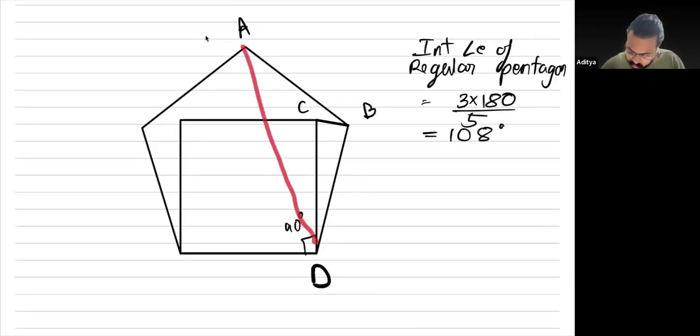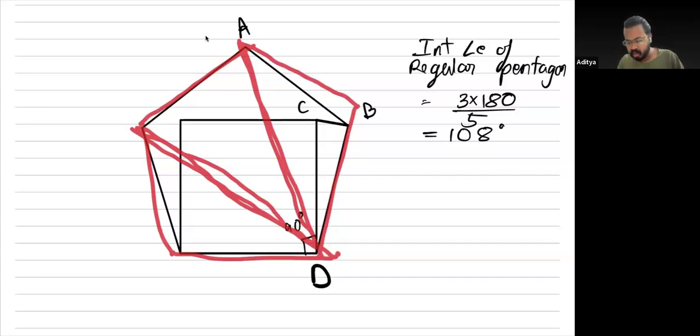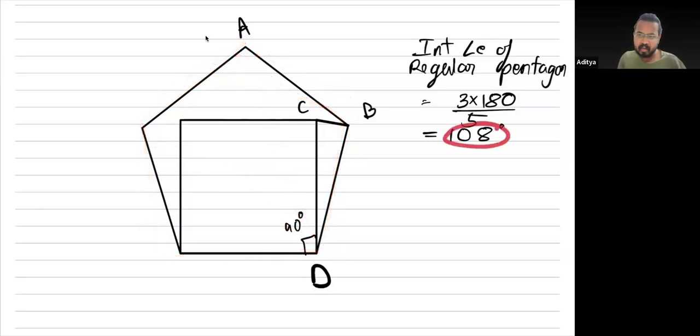Because you can split the pentagon into three triangles basically, and each of those triangles have 180 degrees in their interior. They all will add up to become the interior angle of your pentagon. And since all interior angles are equal for a regular pentagon, it will be whatever this product is divided by 5, and it's 108 degrees.